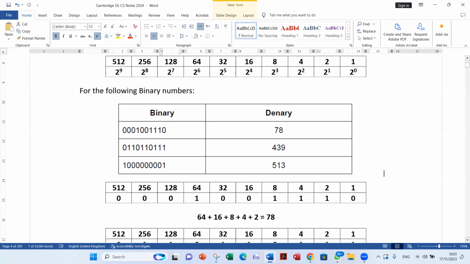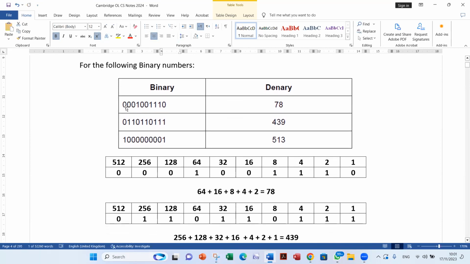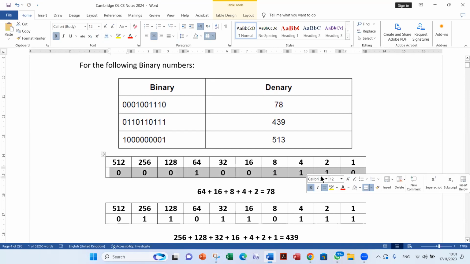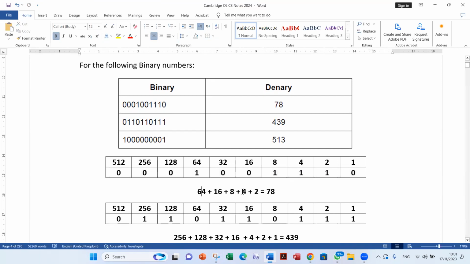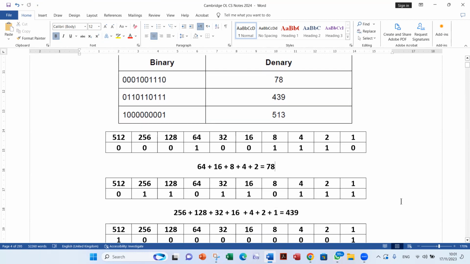Let us now look at the answers. So 000, 100, 110, it is written like this. You add 64, 16 plus 8 plus 4 plus 2, and it is 78. Okay, same for that pattern, 439.